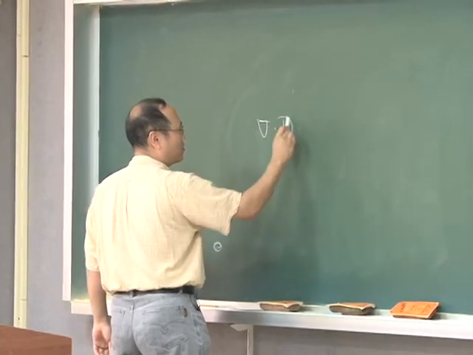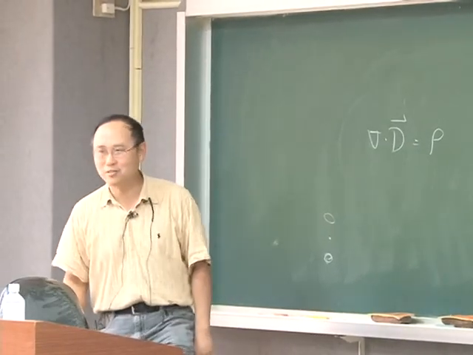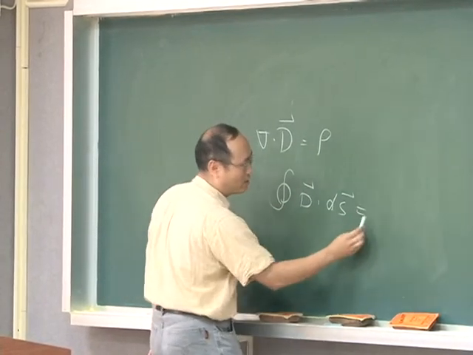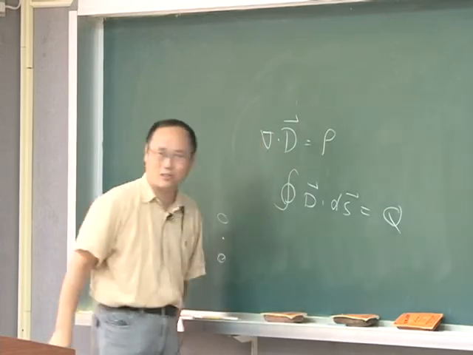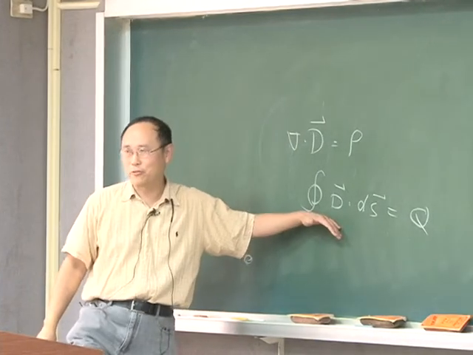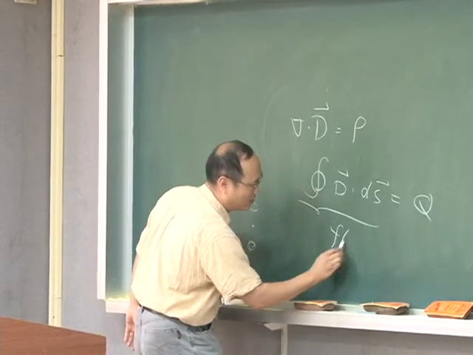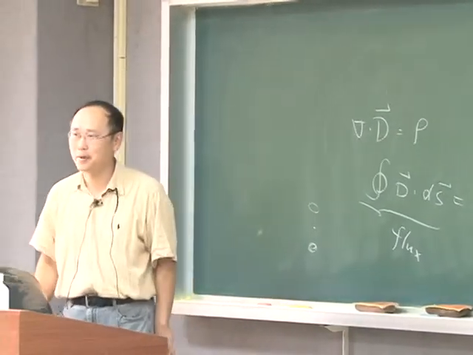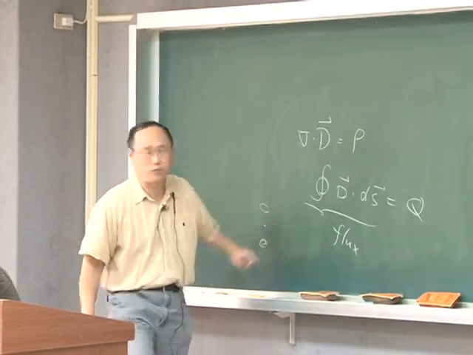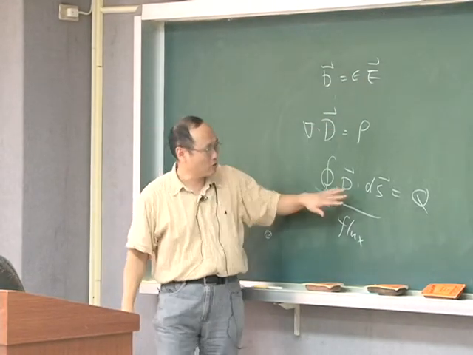The definition of D comes from Gauss's law. The integration of D over a surface is the charge, right? So if you have a field integrated over a surface, you're getting the flux, right? So this is associated with the electric field.